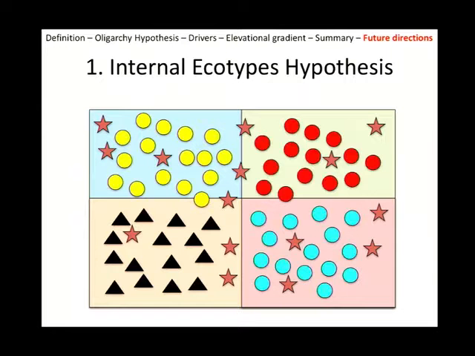This is the main idea. The main idea is that there is substantial internal variability within the oligarchic species. There is differentiation into different ecotypes. And these units could be ecotypes, could be subspecies, or could be cryptic species within complexes of poorly resolved species.